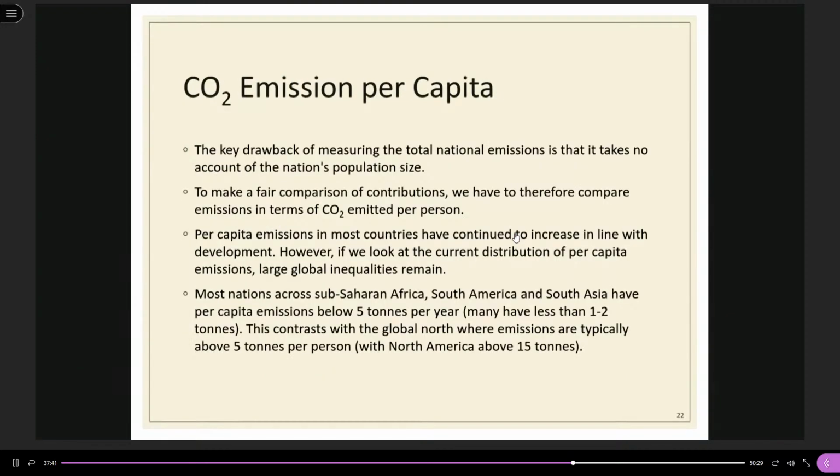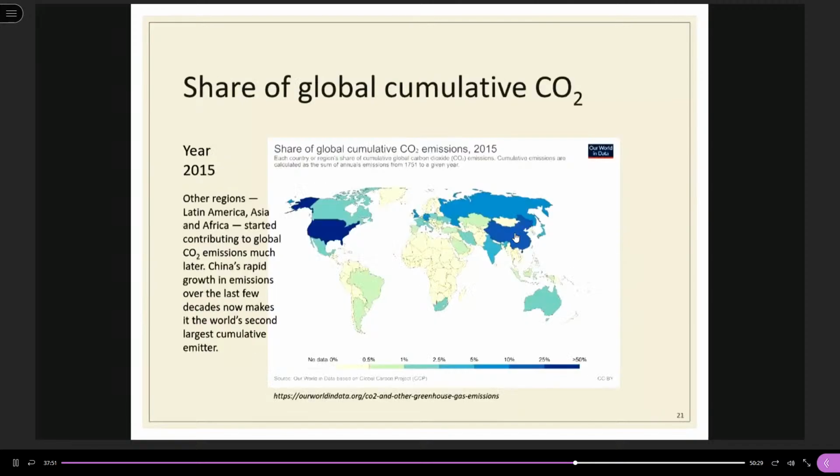The key drawback of measuring total national emission is that it takes no account of the nation's population size. In the previous slides, these are the total carbon dioxide emissions of the whole country, but they don't account for the number of people.